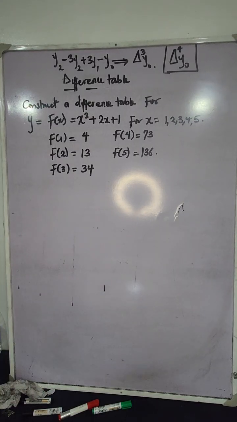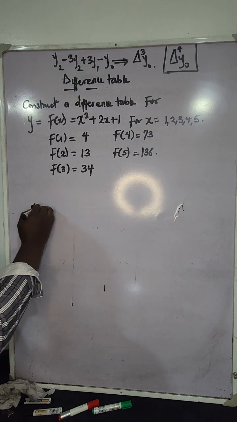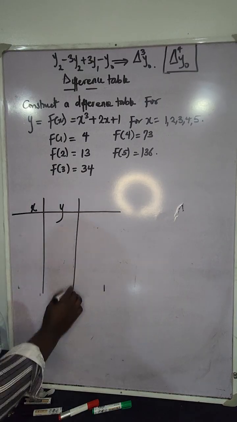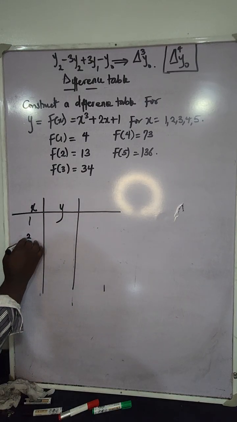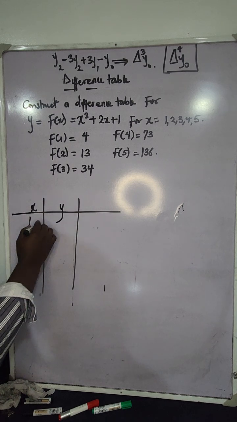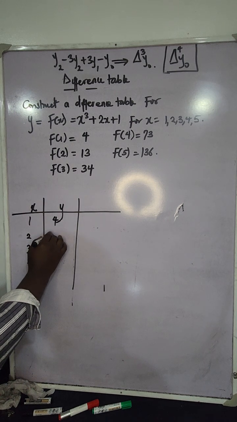And so what is f of x? F of x is the same thing as y, right? Y is a function of x. So f of x is the same thing as y. So let's do that together. We have x written here. We have y here. So we have 1, 2, 3, 4, 5. And for y we have 4, 13.